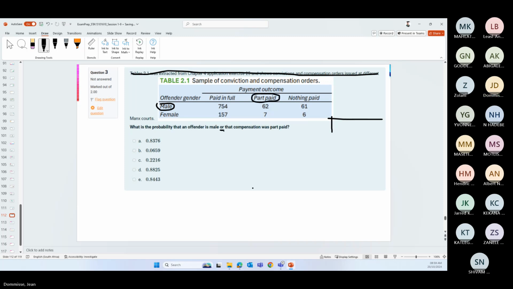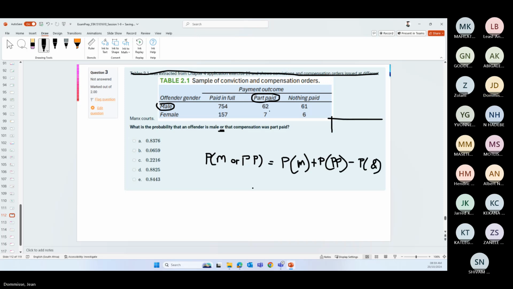So the or. So if we say probability of male or part paid, because again, we don't now want to go out and work out all the totals. So we want probability of male plus probability of part paid minus the probability of the and.